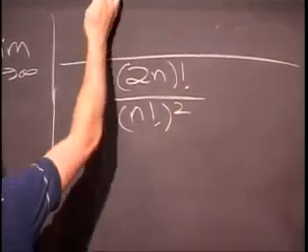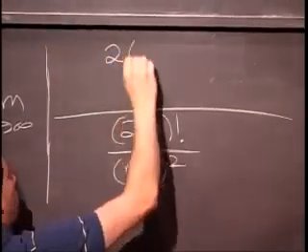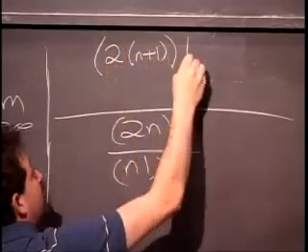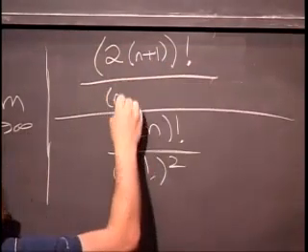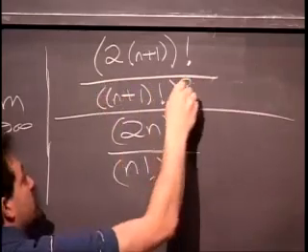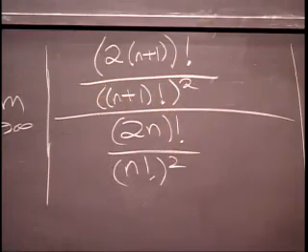The top, I need to be a little careful. I will have (2 quantity n plus 1), and then that quantity factorial. So you need all those parentheses. On the bottom, I need ((n plus 1) factorial) and that quantity squared. And there's no avoiding that.